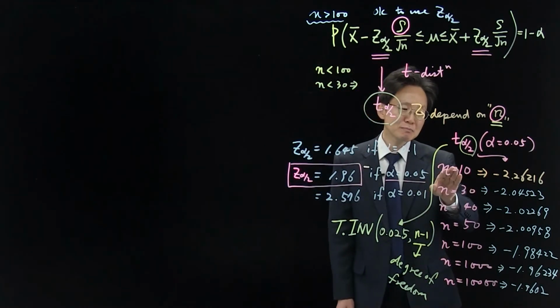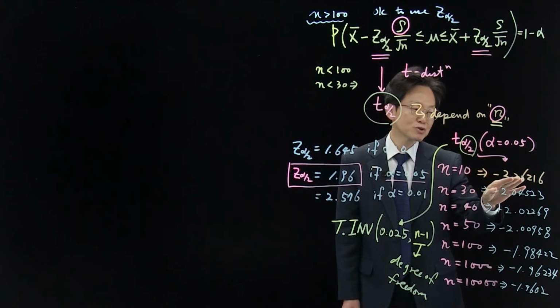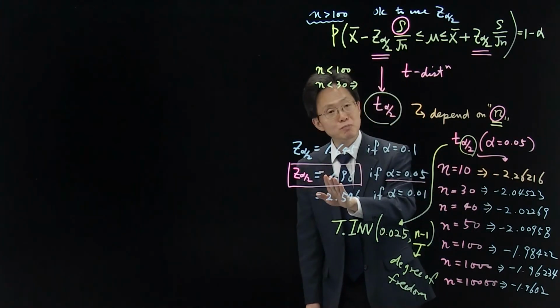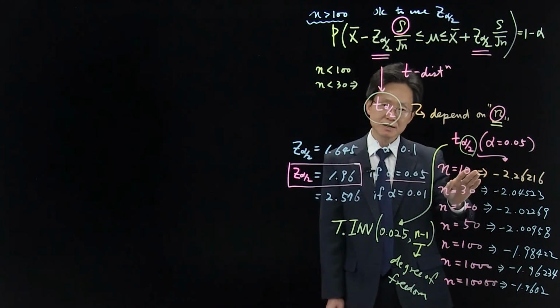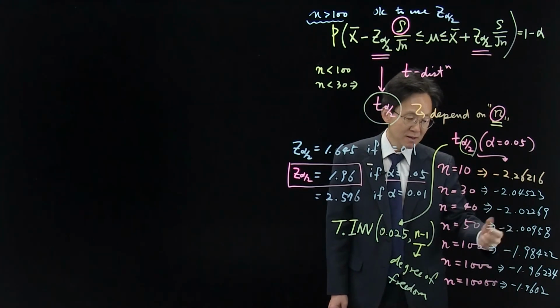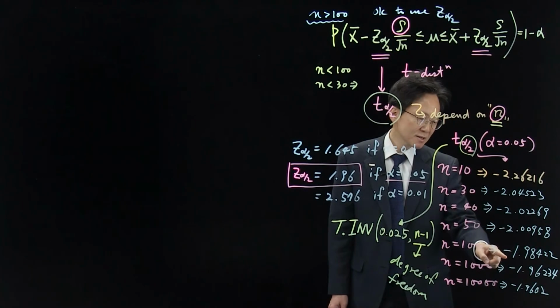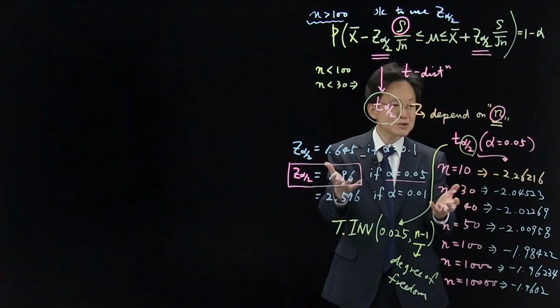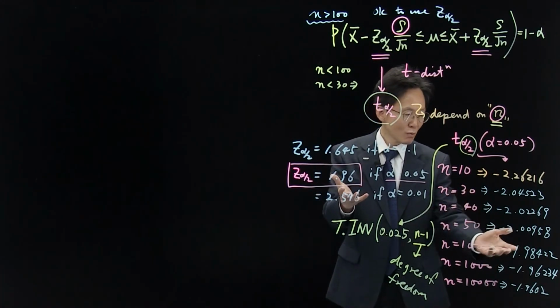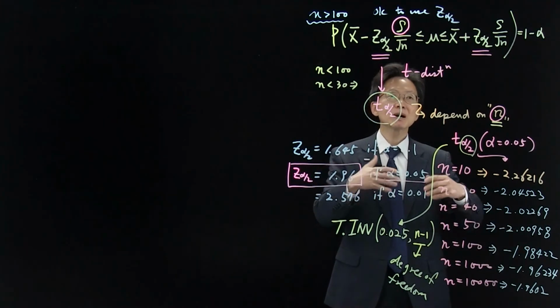But if the sample size is 10, the t multiple is 2.26, which is quite different from 1.96, right? So that's why I said that when n is big, for example if n becomes 100, the difference is not that much, right? 1.98 and 1.96.